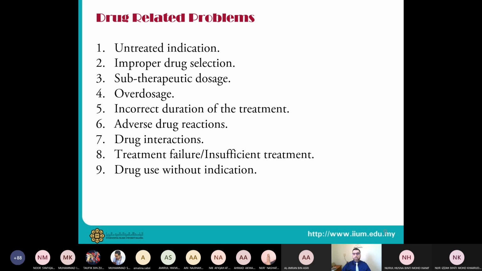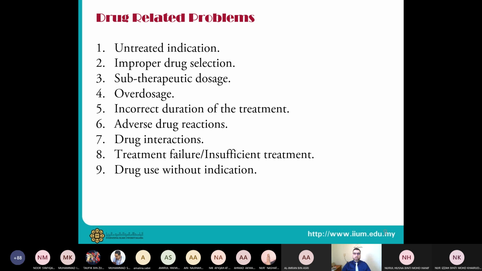After that, you will ask also if there is any drug-drug interaction. So the medication is indicated, and it was prescribed with the right dose, and the duration is correct. There is no adverse drug reaction, but maybe there is a drug-drug interaction.